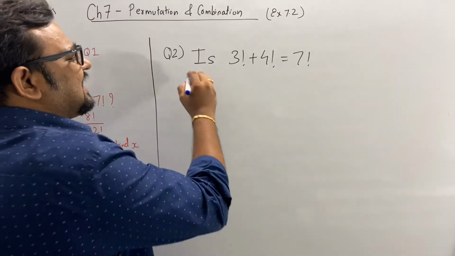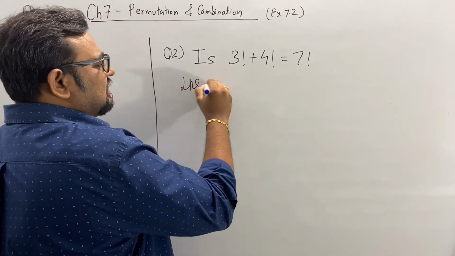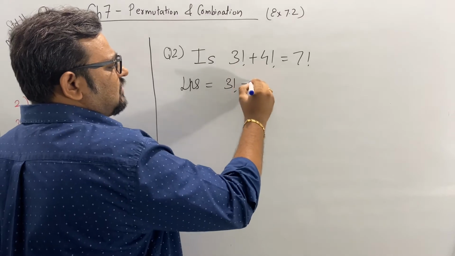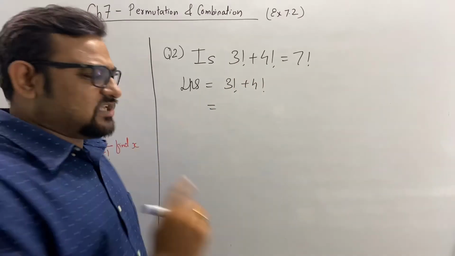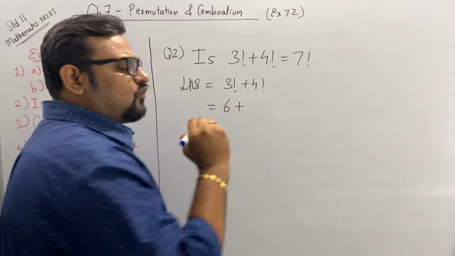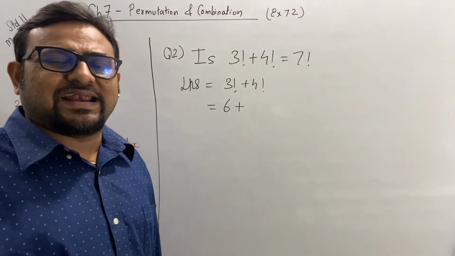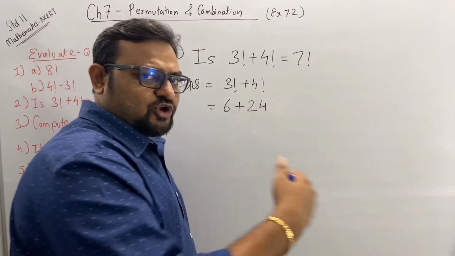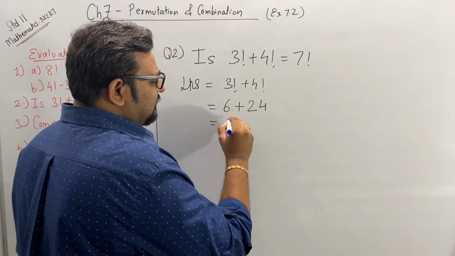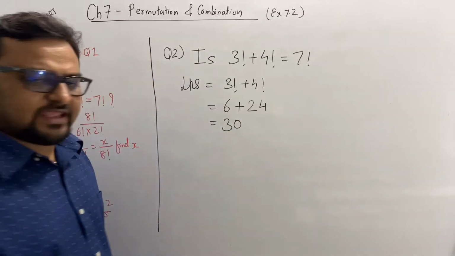So let's take LHS. 3 factorial plus 4 factorial. What is 3 factorial? 6. 4 factorial? 24, 4 into 3 into 2 into 1. Okay. So this will be equal to 30.